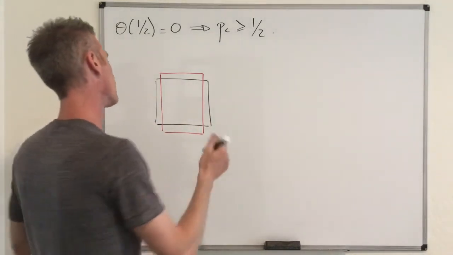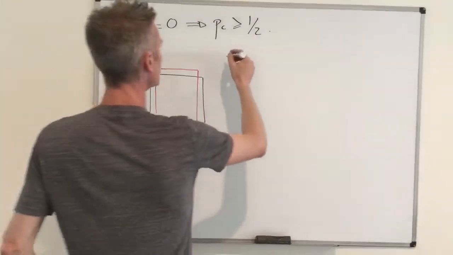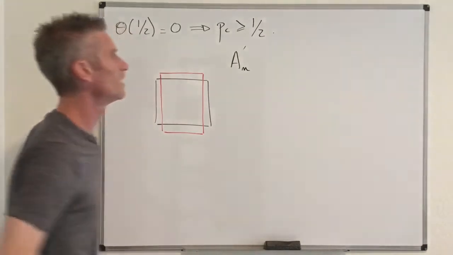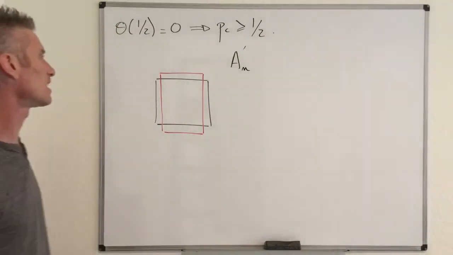So what I'm going to write is, first event is going to be again something of the form An. I'm going to call it An prime because that's not the same as before.